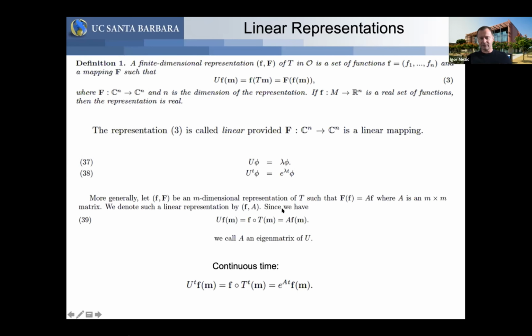Well, it's different because this eigenmatrix could possibly have generalized eigenvectors, and those would lead to generalized eigenfunctions. So it does make some sense to consider this relationship as a generalization of the eigenvalue relationship itself. And in continuous time, you have U^t F equals e^(At) F. So everything ports over.